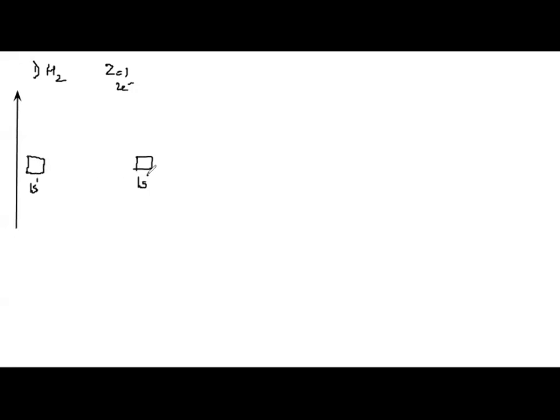This also has 1s, 1 electron. They will combine to give a lower energy orbital, which is called the bonding molecular orbital. And they will also combine to give a higher energy orbital, which is called the anti-bonding molecular orbital.